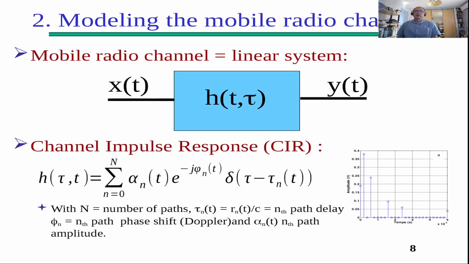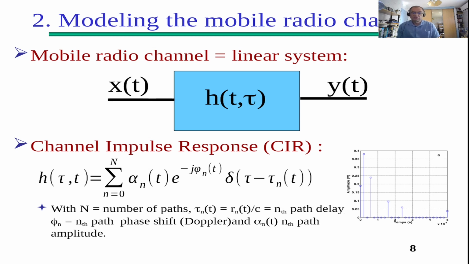So when we want to model this mobile radio channel, we can say that it's a linear system having an impulse response. This channel is a bit special in the fact that you've got two variables, namely t and tau, and this channel impulse response is represented simply by the equation here, where you see a Dirac delta impulse comb.